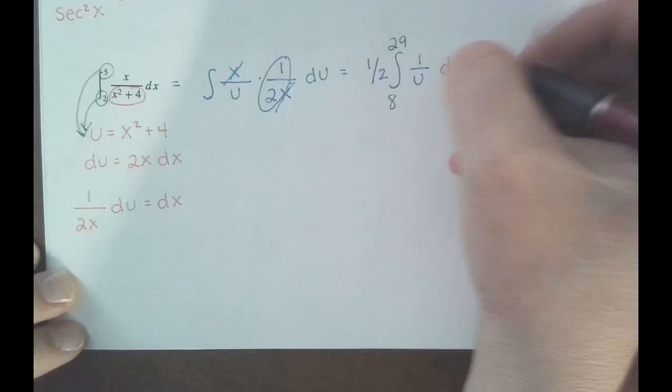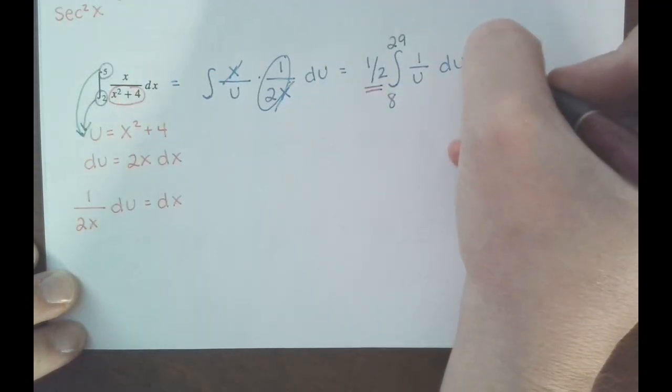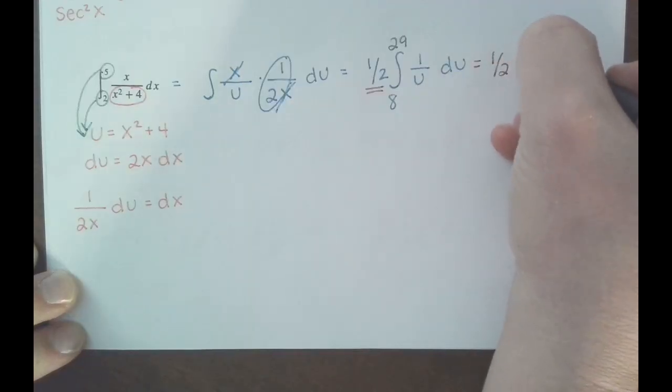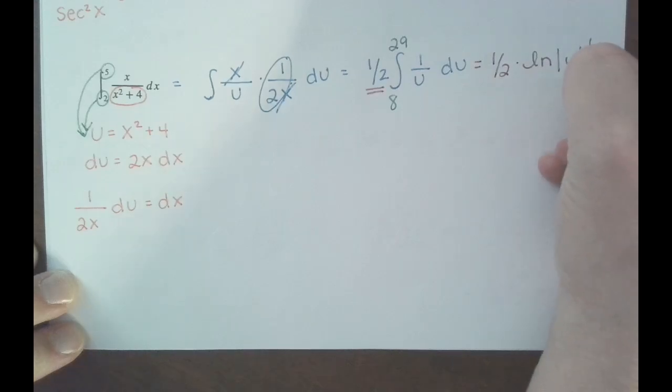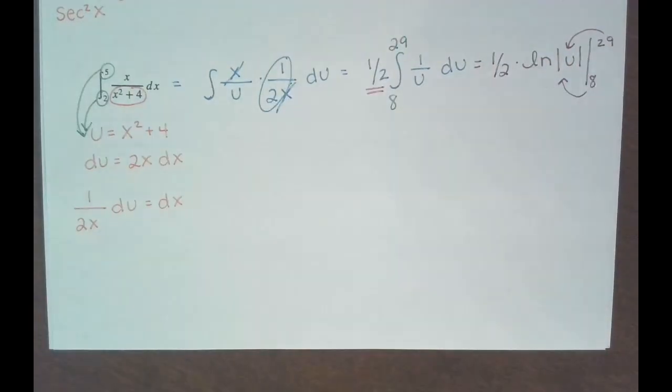Now I need an antiderivative. My 1/2 gets to come along for the ride. So 1/2, and this would be an antiderivative that's natural log of u taken from 8 to 29. So I'm plugging this in, plugging this in. Don't freak out about the idea of doing natural log of 29. I don't expect a decimal here.